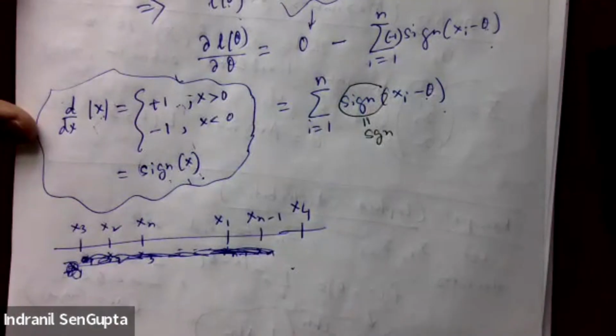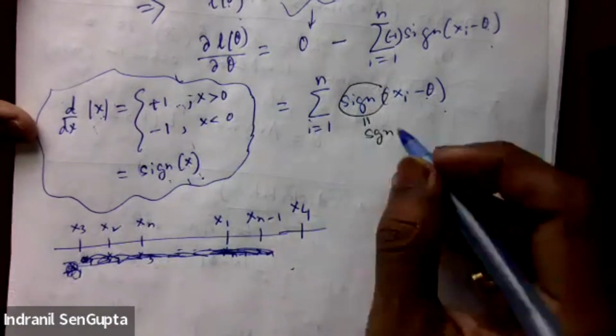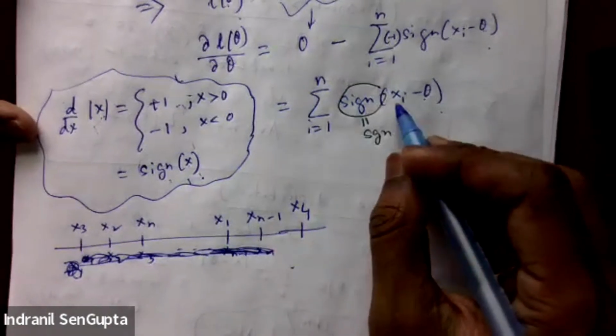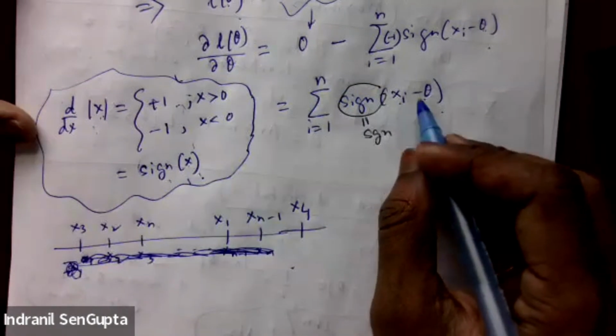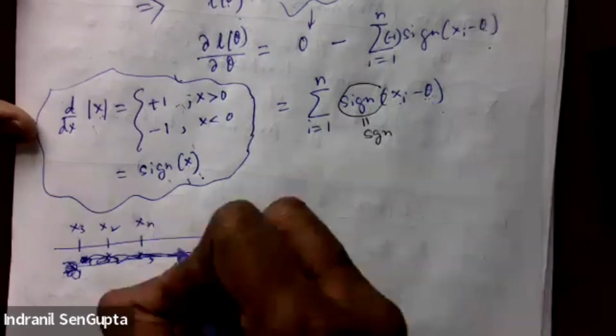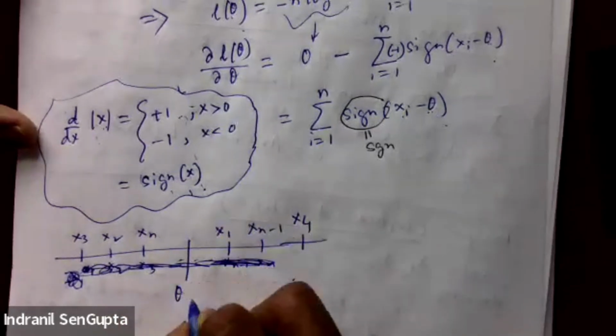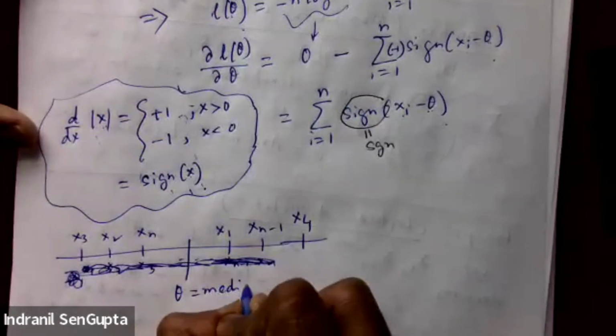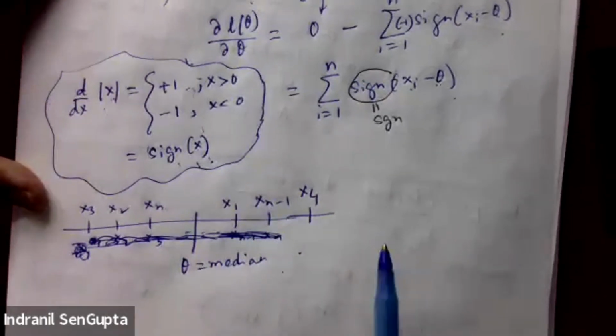Now there are ways to do it. The way to do it is choosing theta to be the median. So suppose theta is the median. What does median mean?